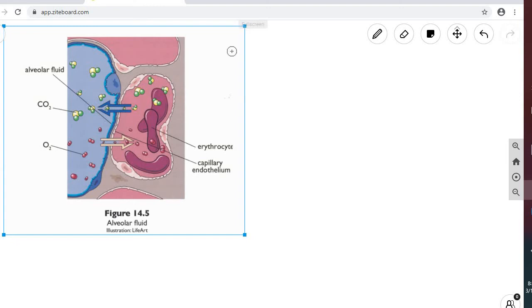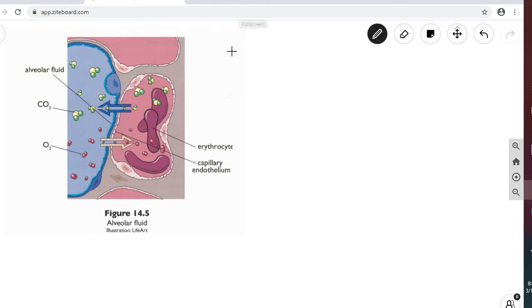Remember, erythrocyte is a red blood cell. So it's showing where the alveoli, which is shown in blue, and the erythrocytes, the red blood cells, come together. As you'll see here, we're going to have oxygen and carbon dioxide moving between the blood and the alveoli.